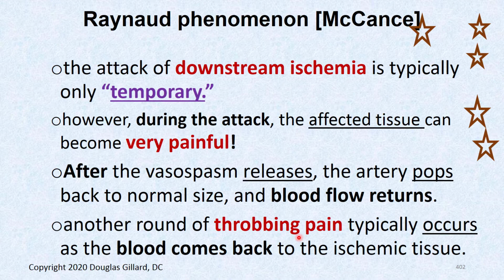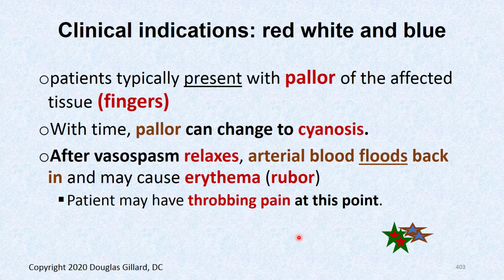And there's too much vasodilation because of all the nitric oxide and other vasodilators that were released. Clinically, the patients typically present first with pallor and then cyanosis, as we saw. And then after the relaxation occurs, they become erythemic, with throbbing pain at that point.